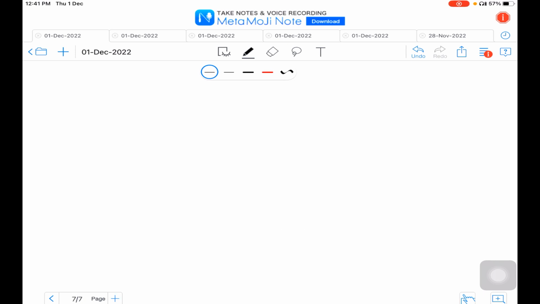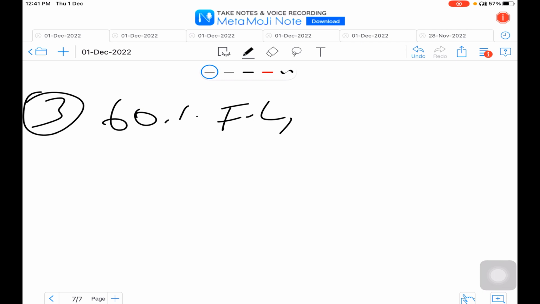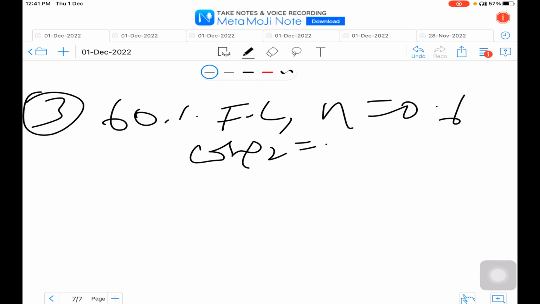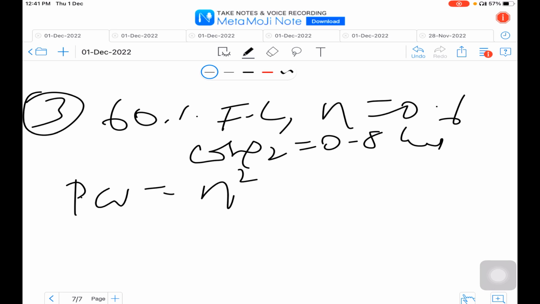The third parameter was for 60% of full load, so N is 0.6, and cos phi 2 was 0.8 leading. For this, you have to take PCU equal to N square into PCU full load.